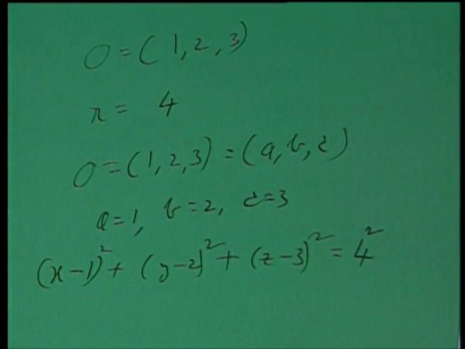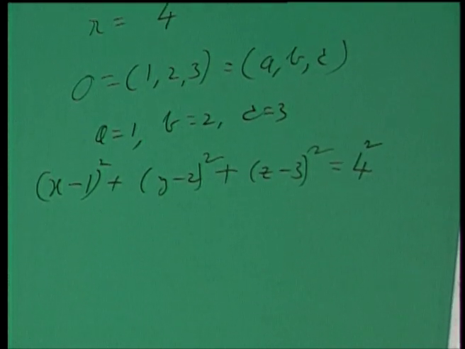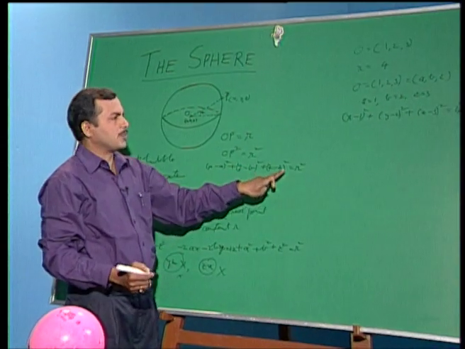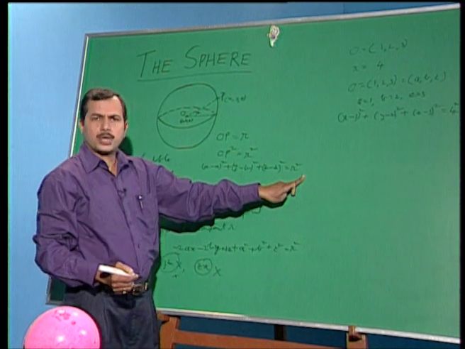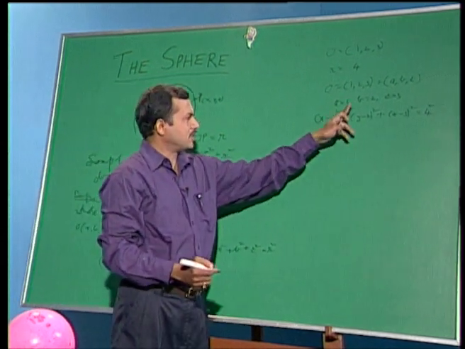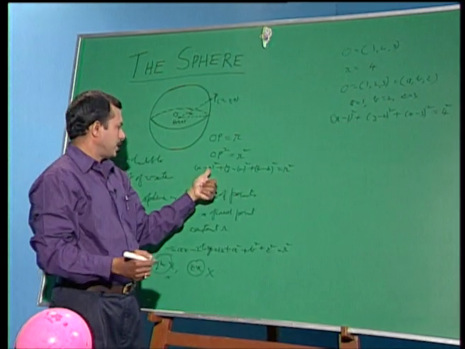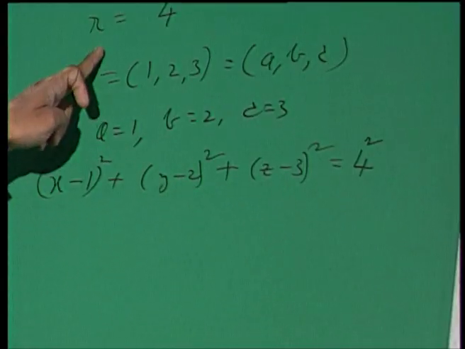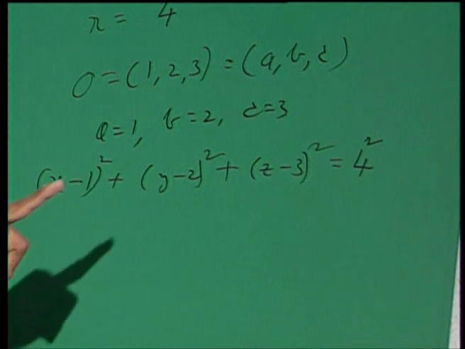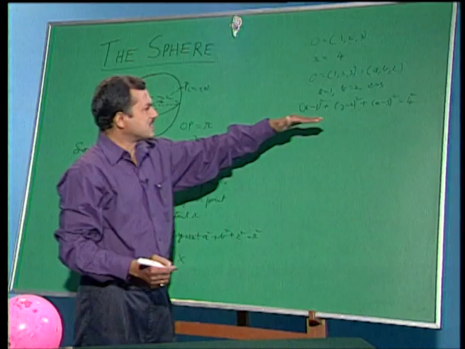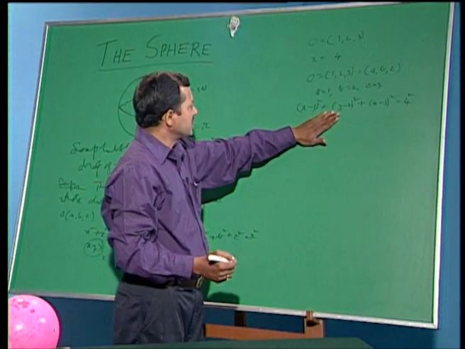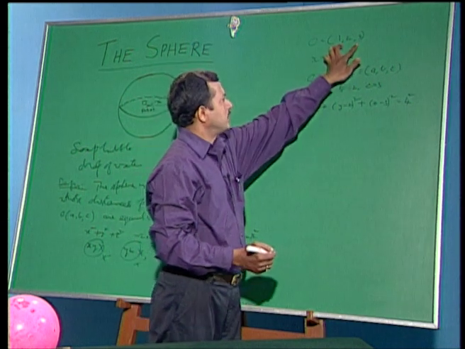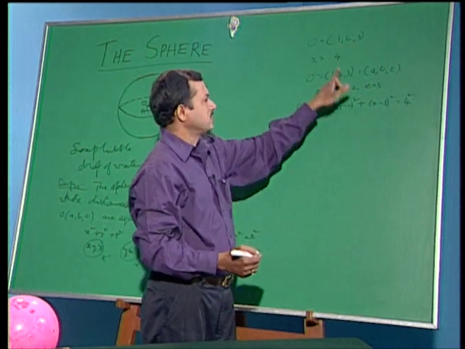So, in this equation, (x minus a) whole square plus (y minus b) whole square plus (z minus c) whole square equal to r square, we are writing a, b, c as 1, 2, 3 respectively, and r is 4 units. So, right hand side becomes 4 square. Now, this is the equation of the sphere having center as the ordered triple (1, 2, 3) and radius as 4 units.